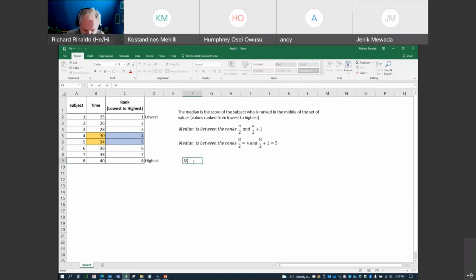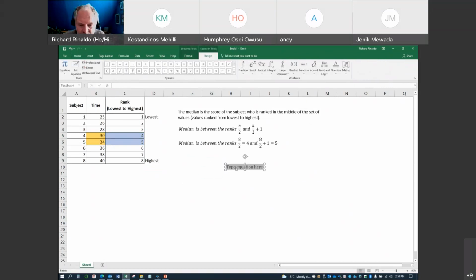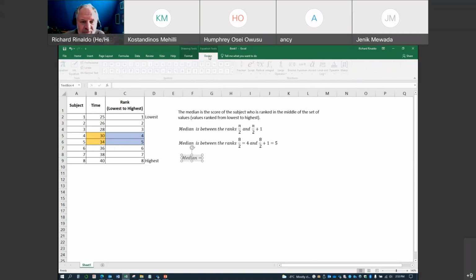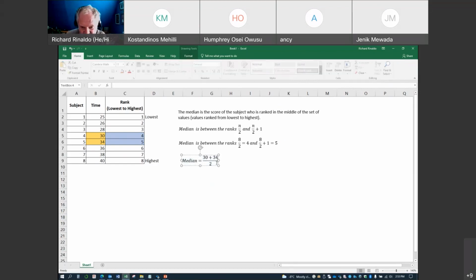So the median is equal to 30 plus 34 divided by 2, which is equal to 32.